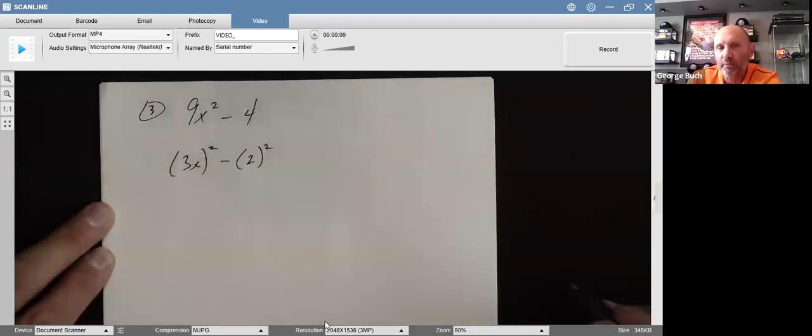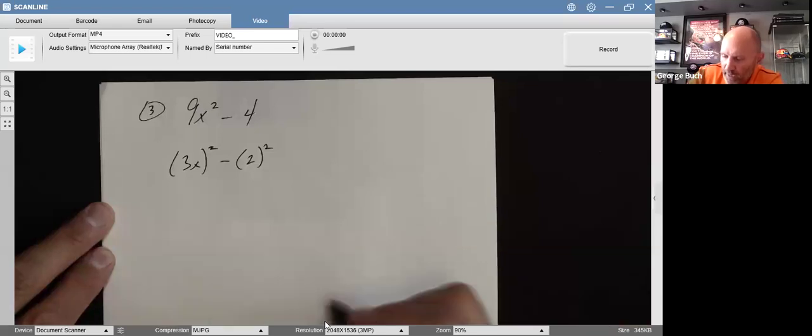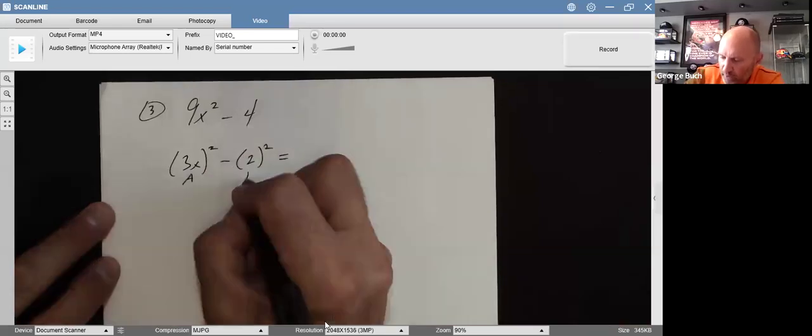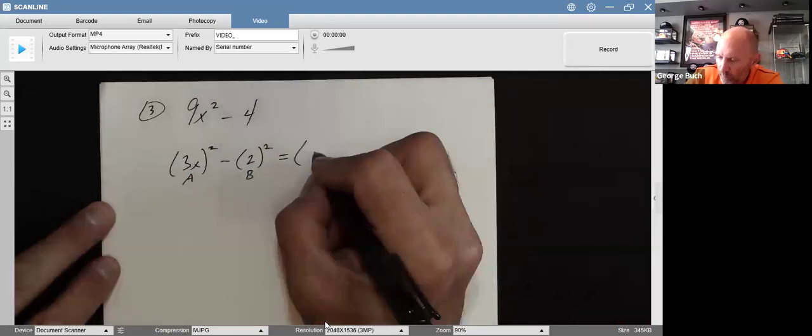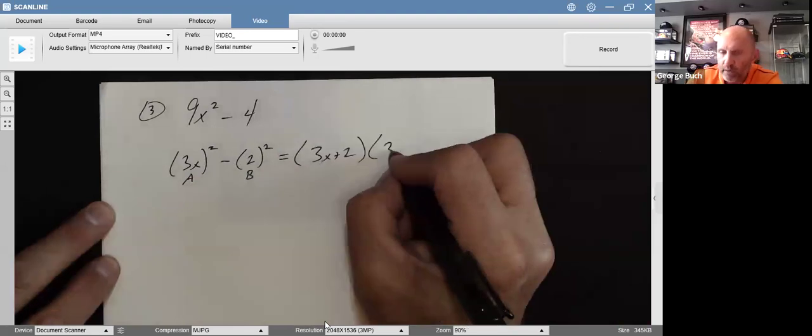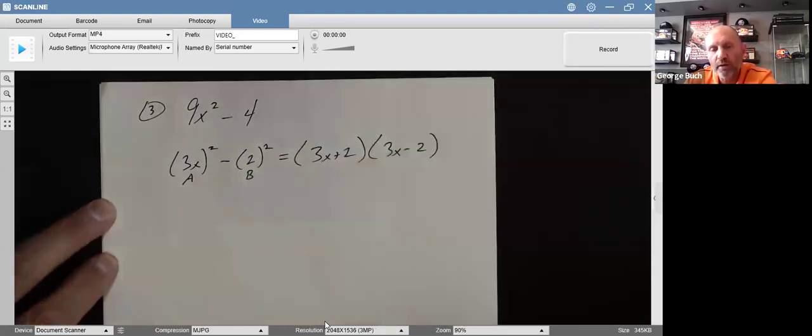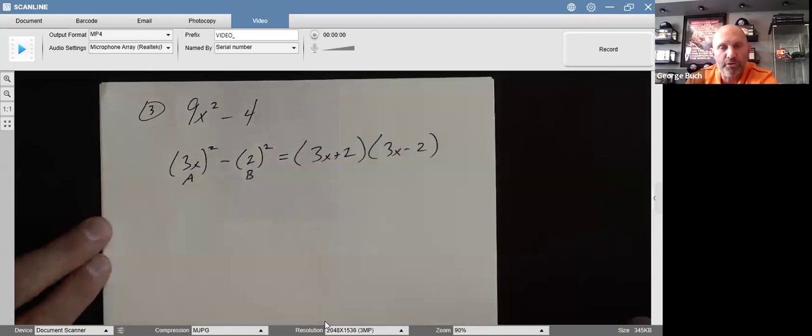So, he's trying to be tricky. This is a difference of squares. So if this is my A and this is my B, this becomes what? A plus B and A minus B, or 3x plus 2, 3x minus 2. That's it. You're done.